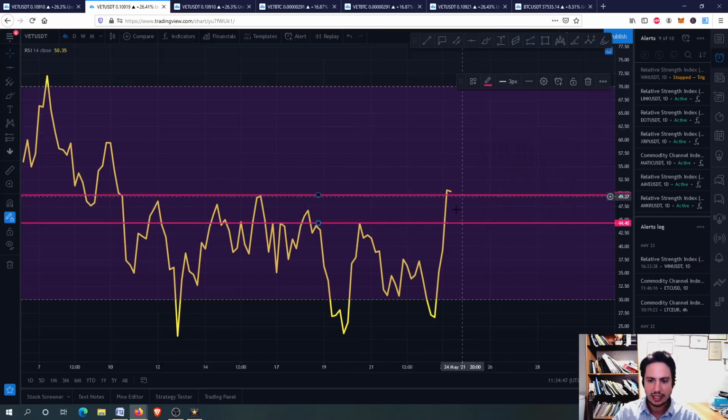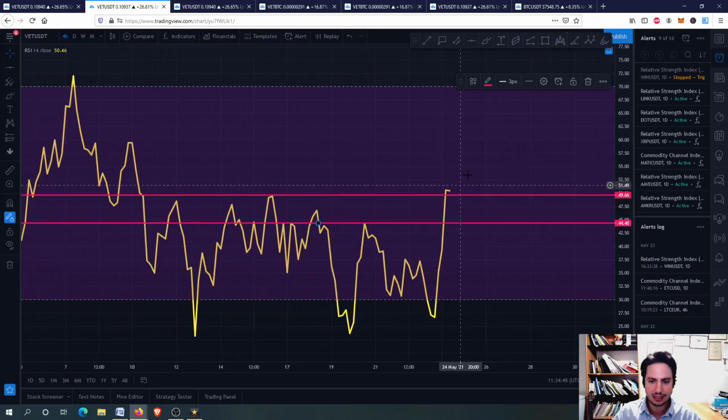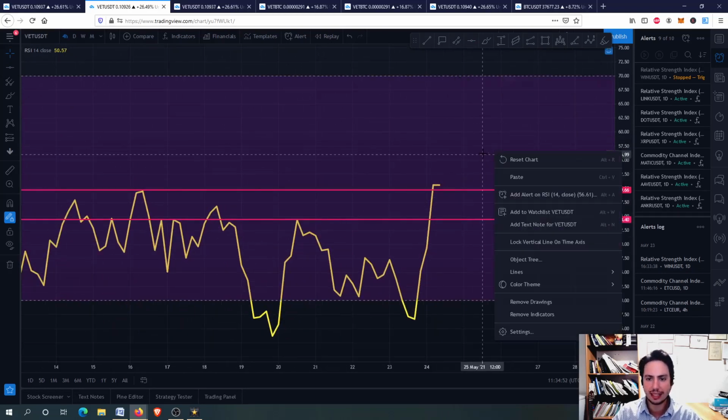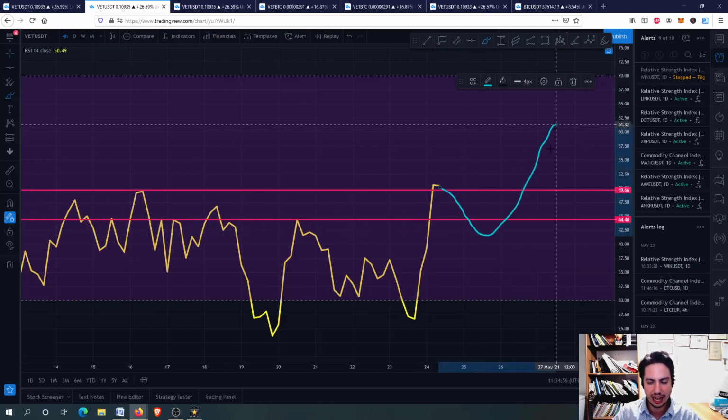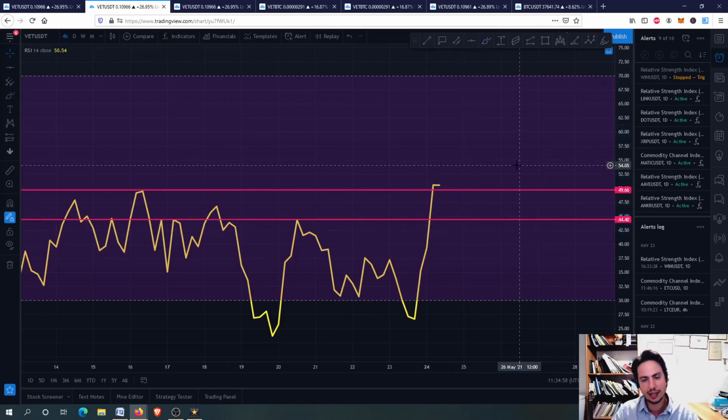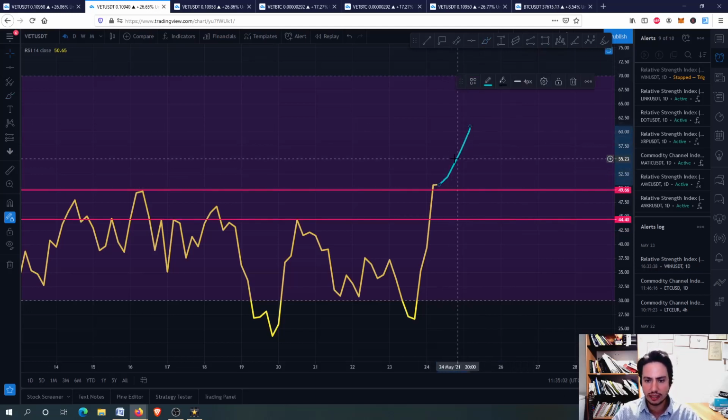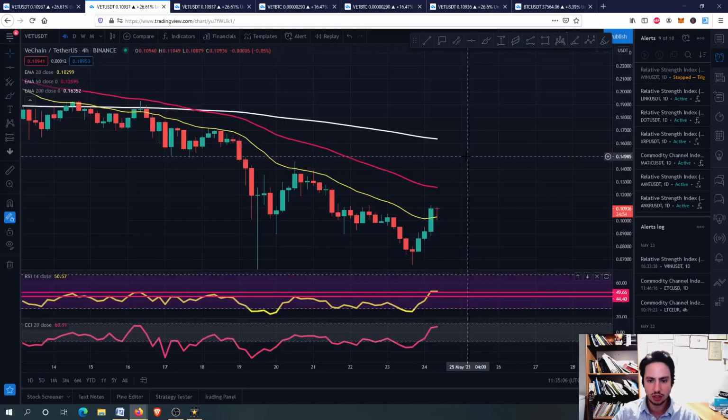Okay, so right now I like that we surpassed them, but I need to see major movement. I want to see VeChain go down again, then go upwards, making higher highs and higher lows for the RSI in the 4-hour frame, or from now even going upwards would be definitely something very good, okay, for VeChain.